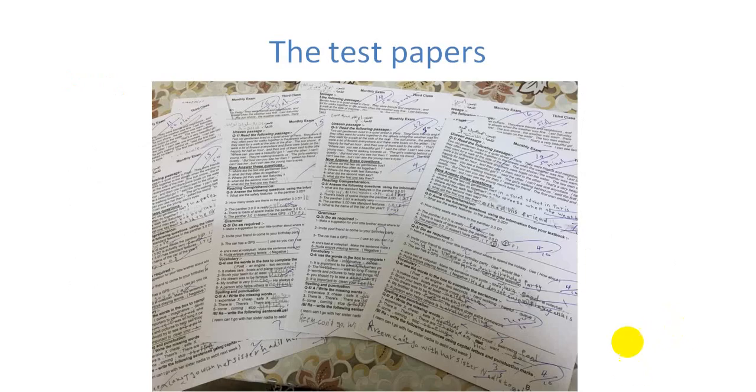Here we have these test papers. With these test papers, as you note, you have question 1 for reading. With question 1 we have A and B, and then reading comprehension, unseen passage, reading comprehension, then grammar, vocabulary, writing, and writing.